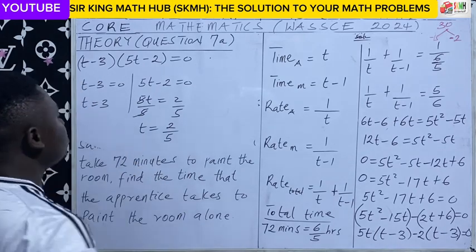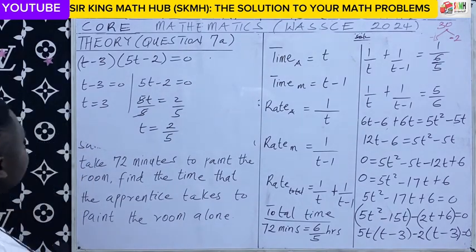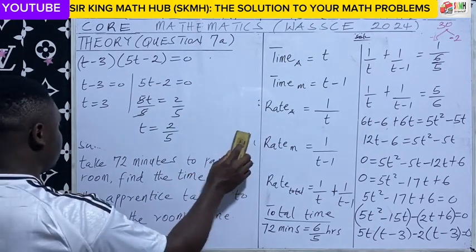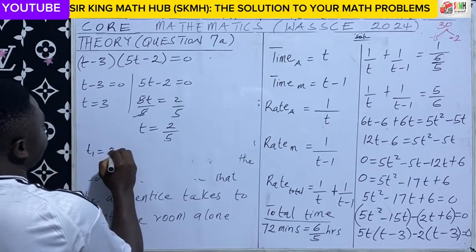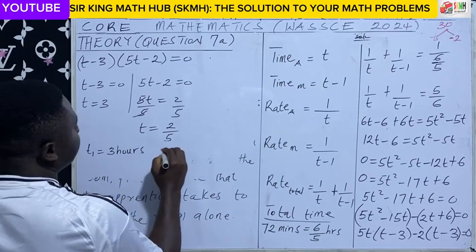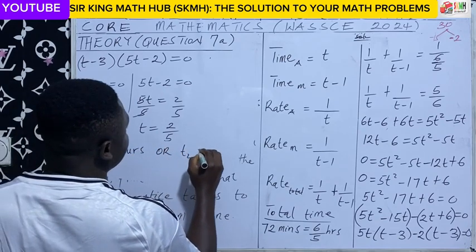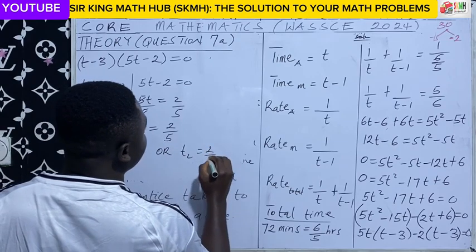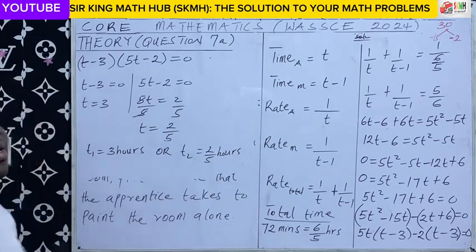So we have 2 times here. The first one is 3 hours, and the second time is 2 on 5 hours. So which of them should be the right answer?